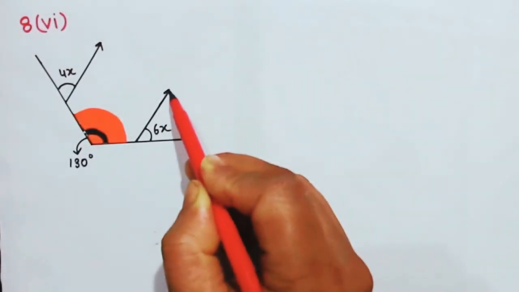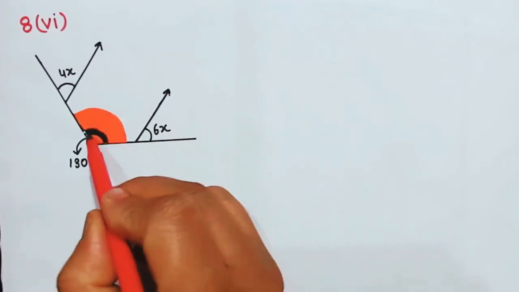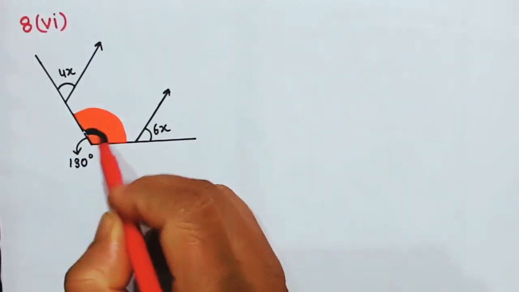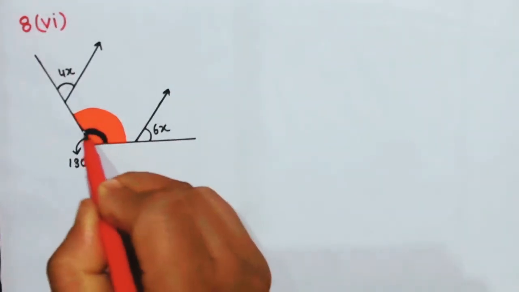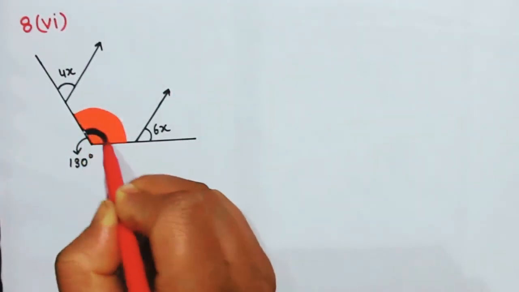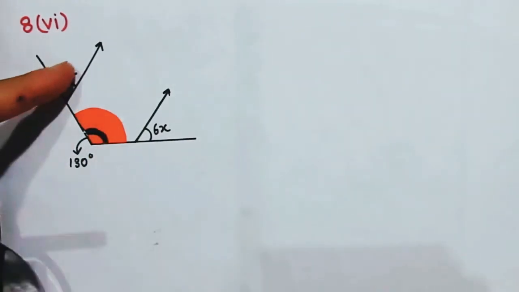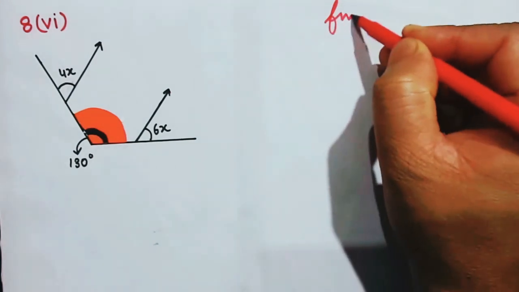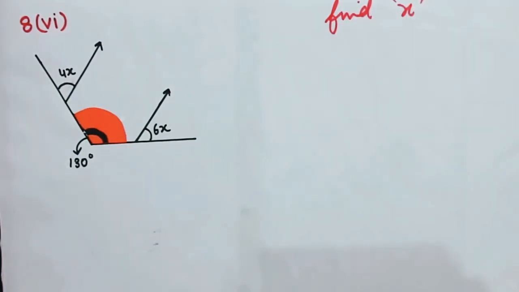These two lines are parallel and these two lines are parallel, and they are asking you the value of x. They have given you this 130 degree also. They have given you the value of the middle angle also. Now, they want you to find the value of x.